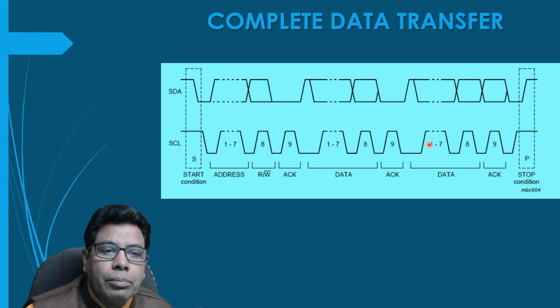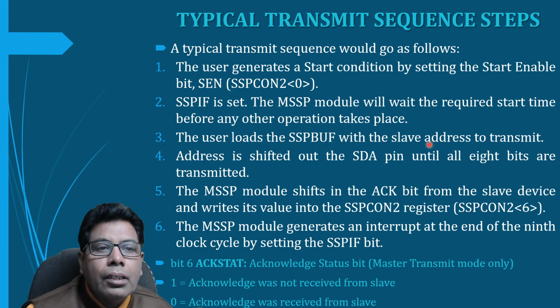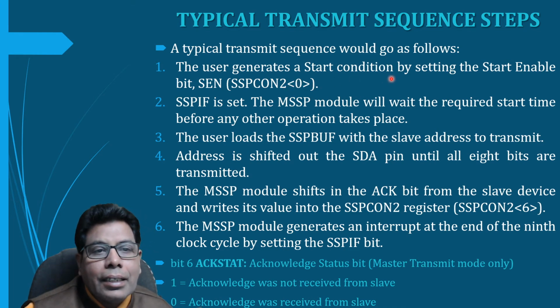So this is the basic I2C protocol, and now we are trying to use the MSSP in master mode. So this is the typical transmit sequence of steps. In the first step, the user generates the start condition.